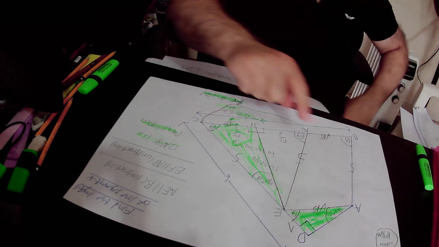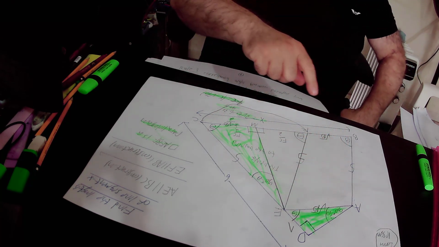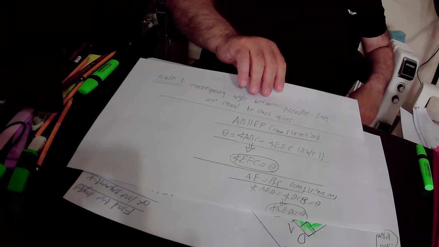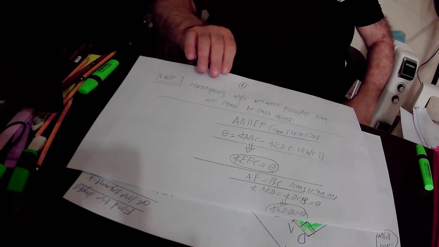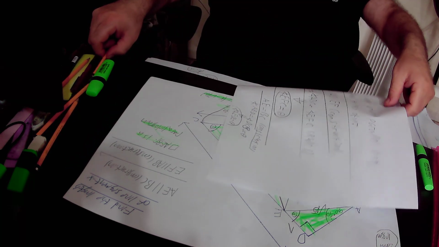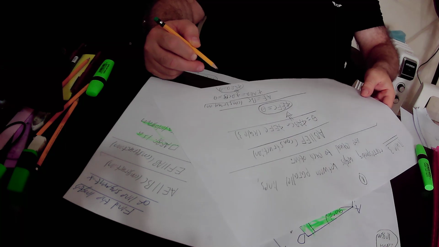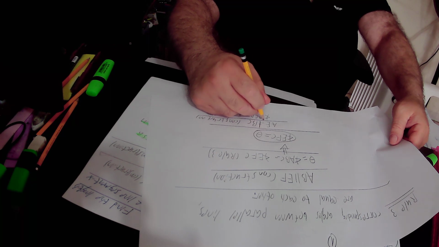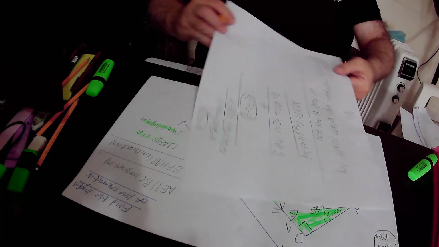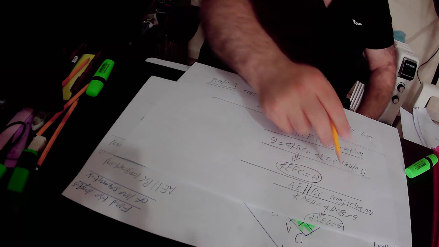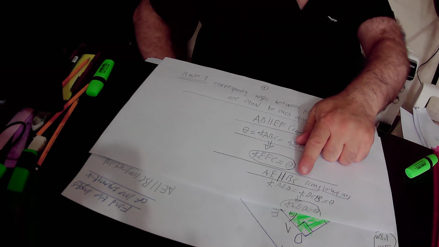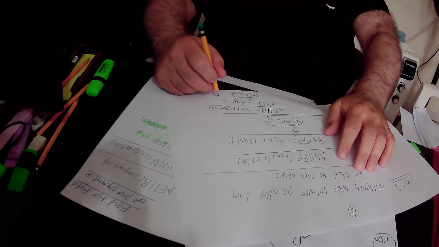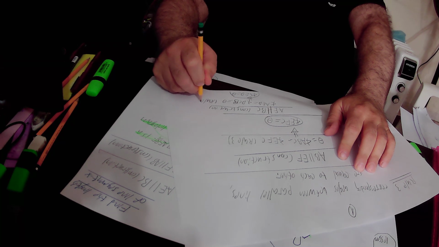That is to say, this angle AED equals this angle DCB, because AE is parallel to BC according to our construction, then angle AED will be equal to angle DCB according to rule number 3.